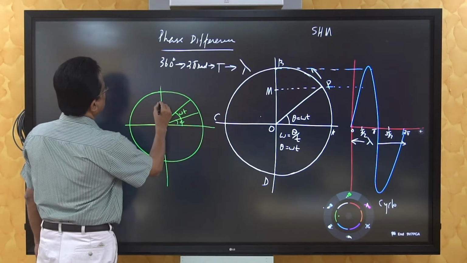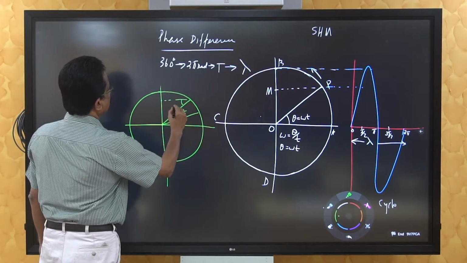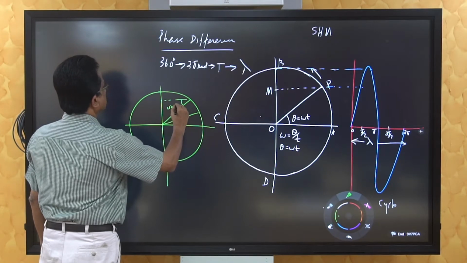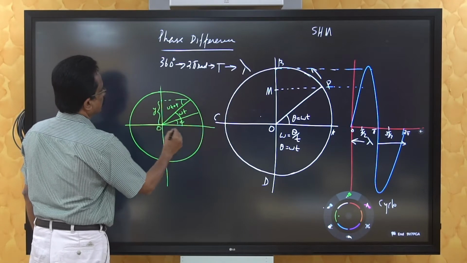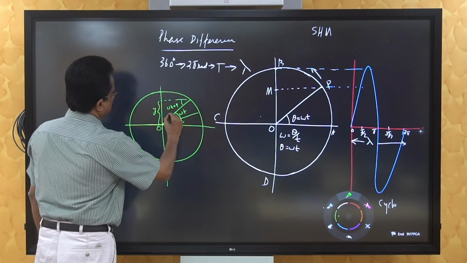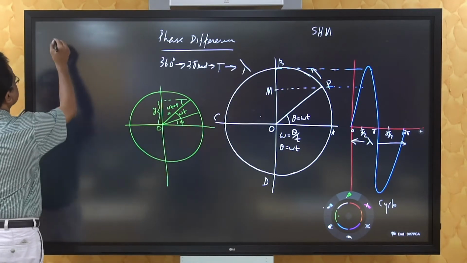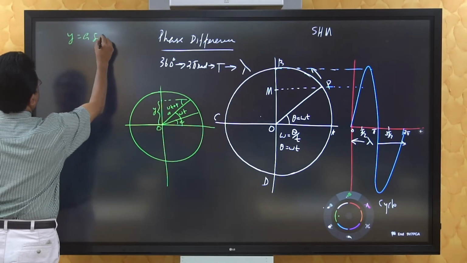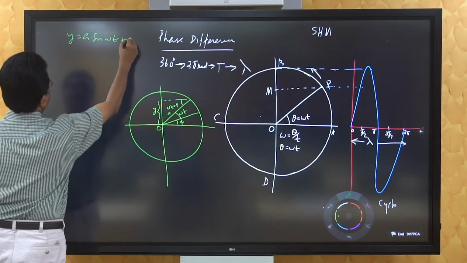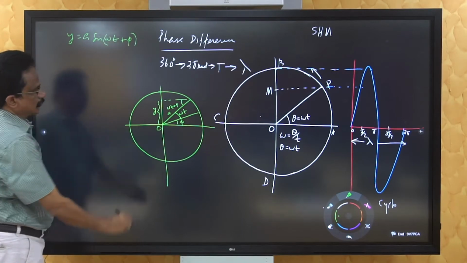So the total angle is omega t plus phi, and this is the displacement y. Then with amplitude a, the equation gives y is equal to a sine omega t plus phi.